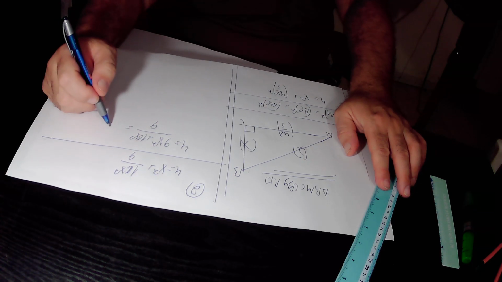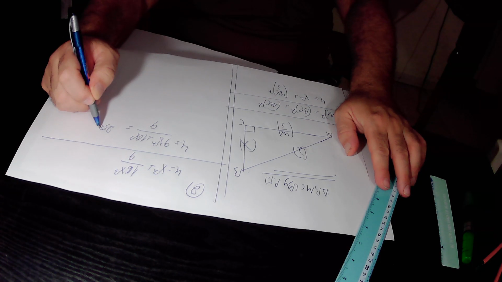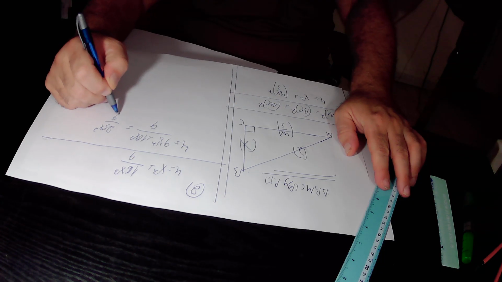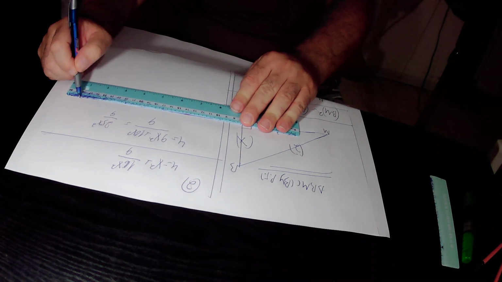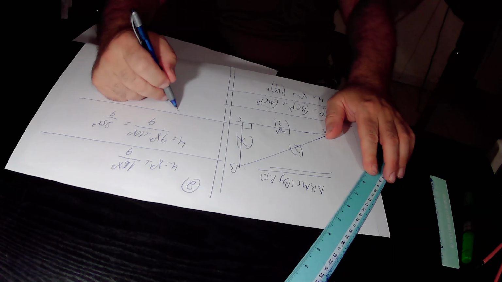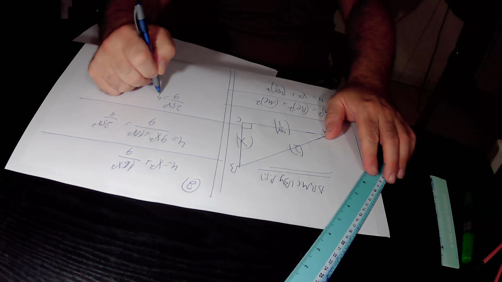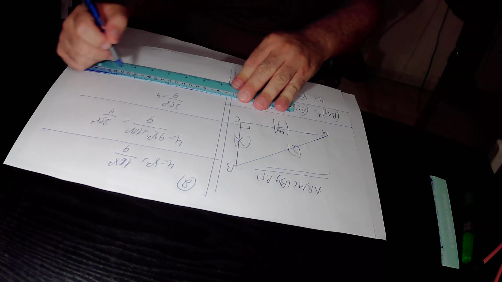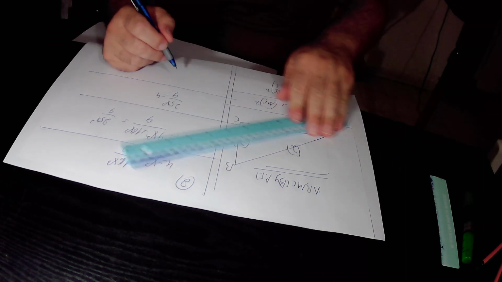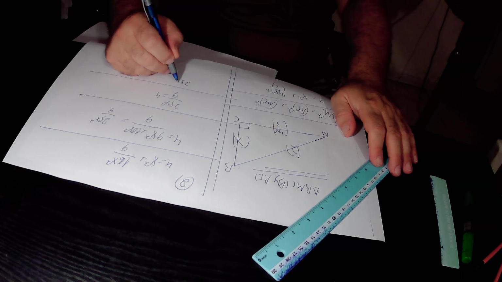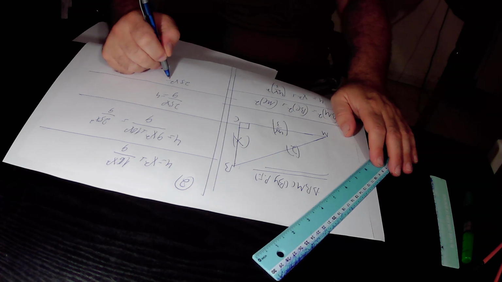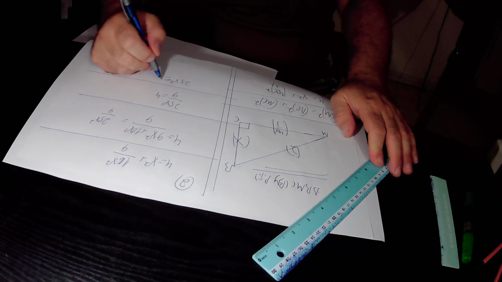9x squared plus 16x squared is 25x squared over 9, which equals 4. Here we multiply this equation by 9, and we get 25x squared equals 9 times 4, that is 36.